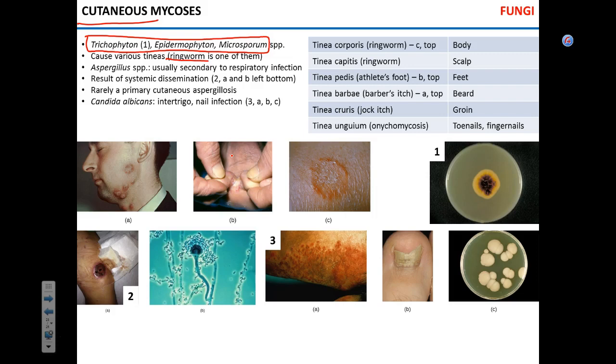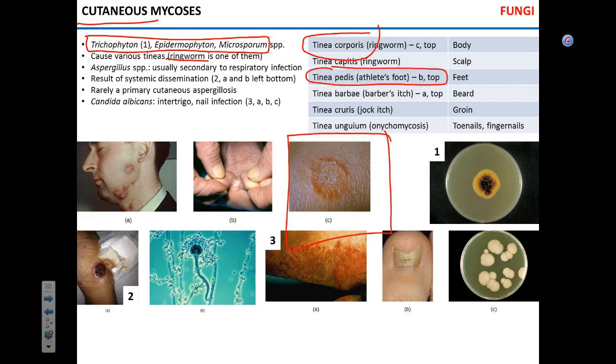Tinea stands for worm, and then something is the part of the body where this cutaneous mycosis can be found. For instance, tinea corporis is the mycosis of the body.